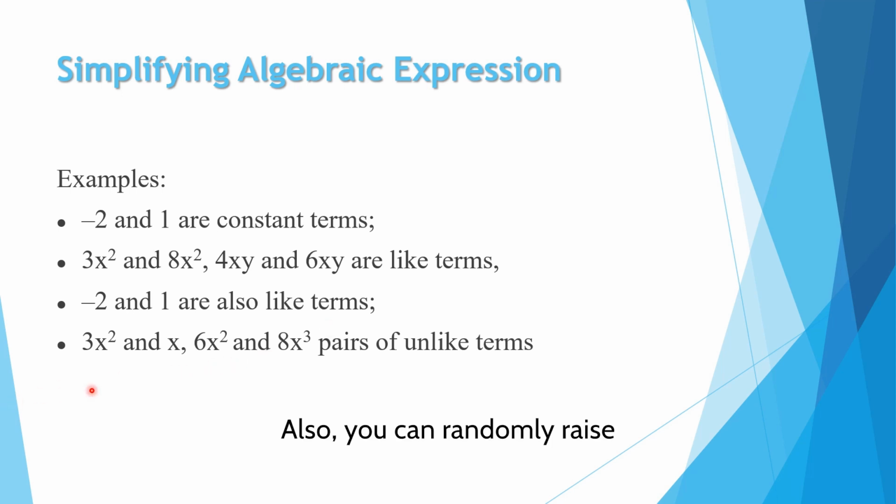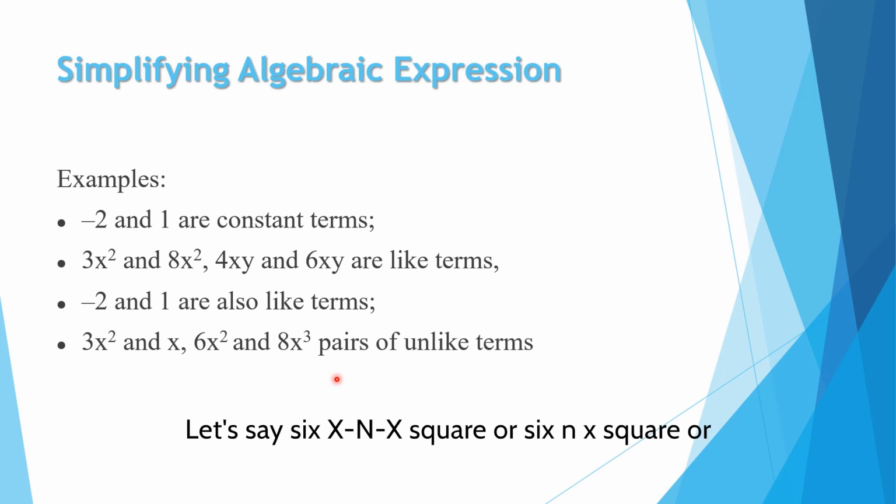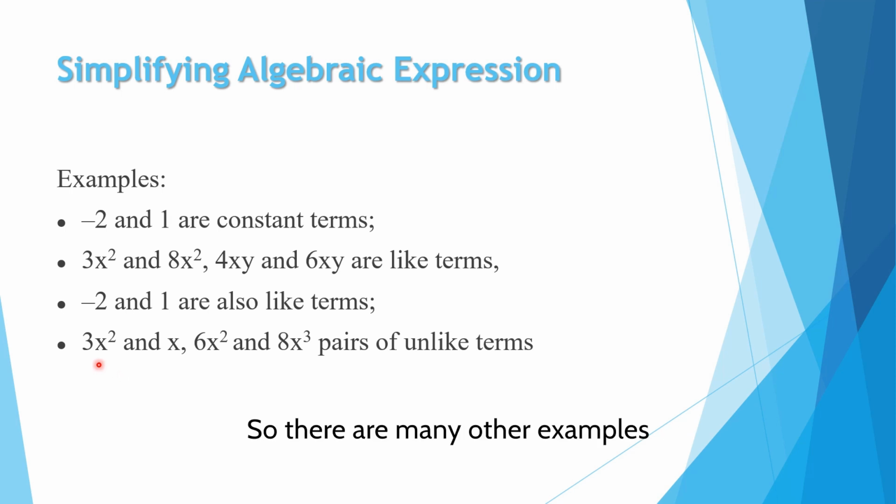Also, you can randomly raise any examples of unlike terms. Let's say 6x and 8x squared, or 6 and x squared, or 3x squared and 9x to the power 4. So there are many other examples that you can raise randomly.